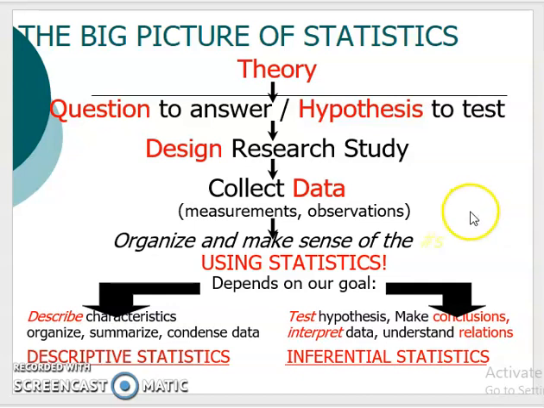After collecting the data, these data are organized in order to make sense of them by using statistics. The different goals of statistics are to describe the characteristics and to organize, summarize and condense the data which is obtained. This is what we call descriptive statistics. After this, we interpret the data, test the hypothesis, make the conclusion, and understand the relationship. That is called inferential statistics. So there are descriptive statistics and inferential statistics.